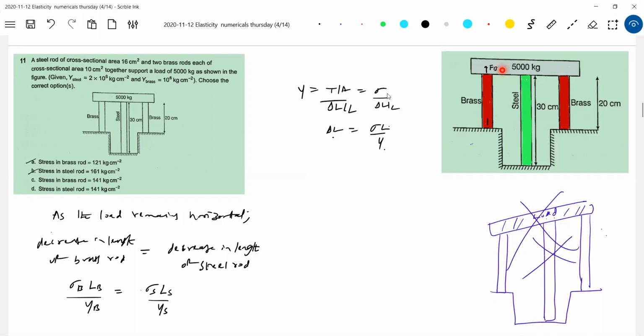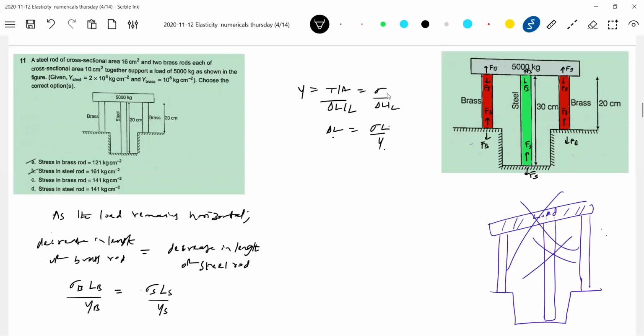I think students must really practice all these diagrams. For the steel rod, this will be the force Fs.